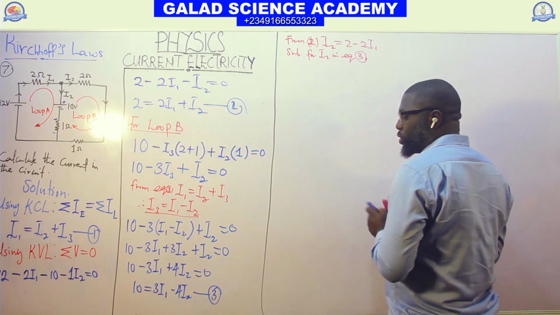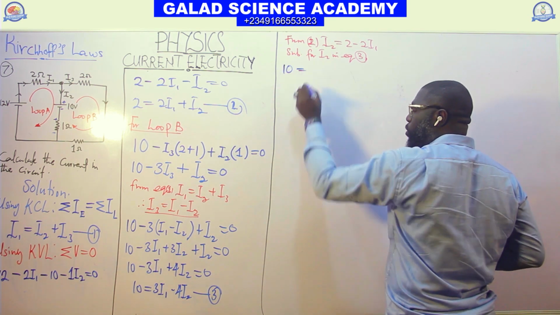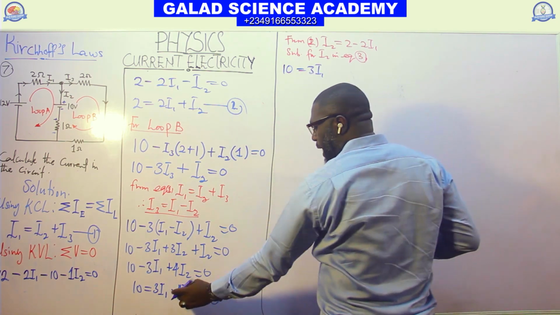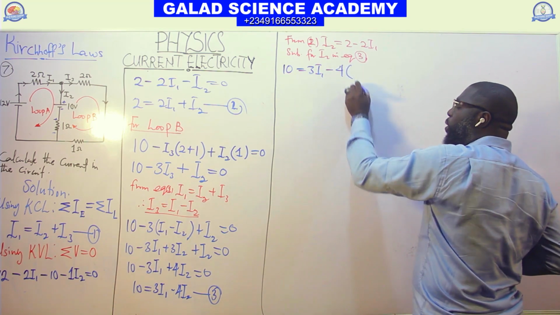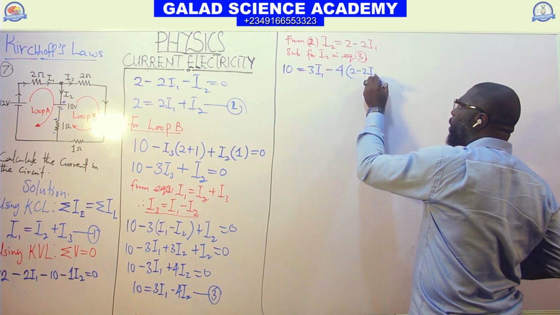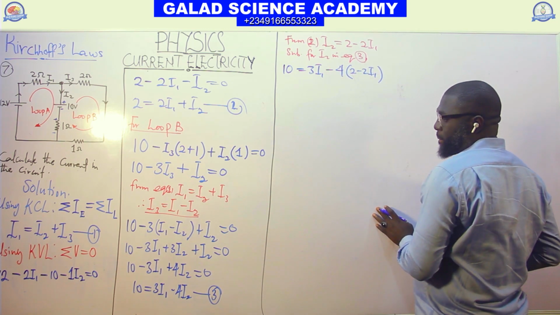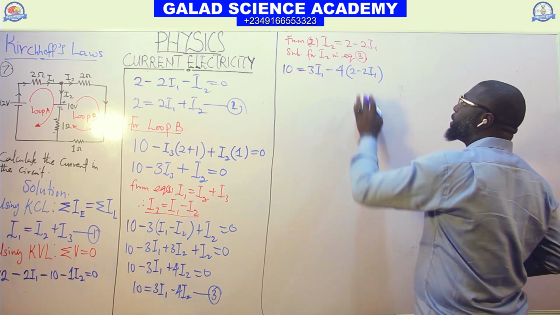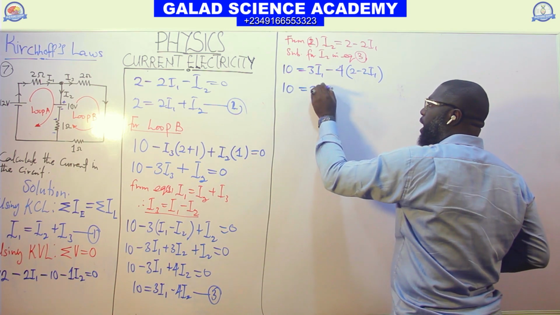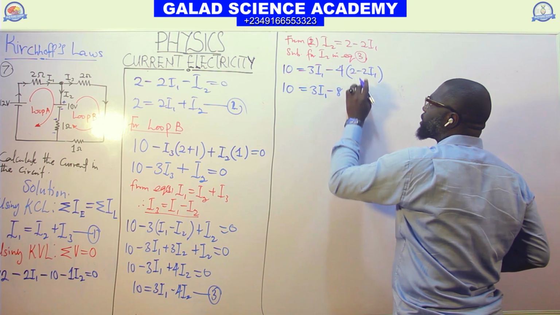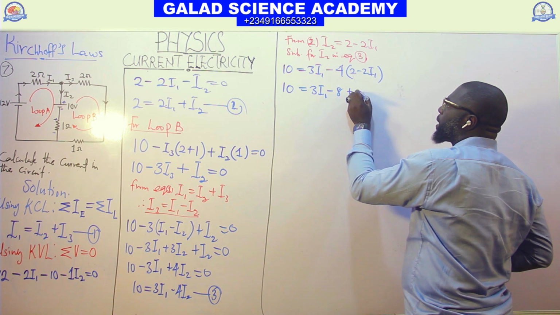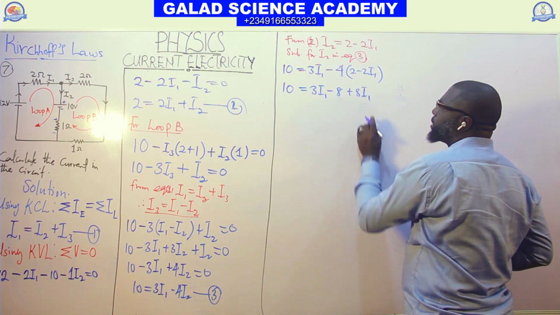By substituting for I2 in equation 3, we will have 10 equal to 3I1 minus 4 times I2, and I2 is 2 minus 2I1. From this equation, we now have 10 equal to 3I1 minus 8 by expansion, plus 8I1.